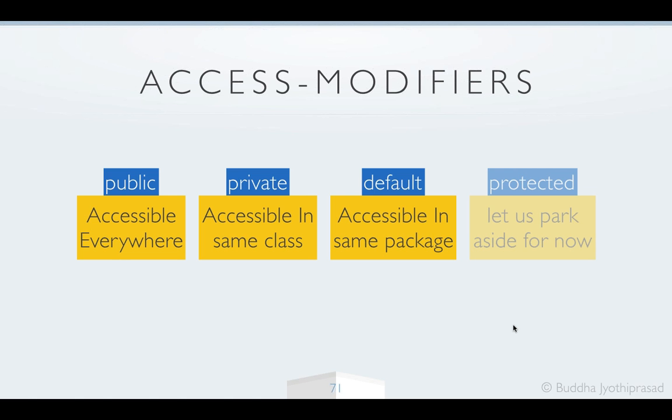There is another kind of modifier that is default, where you don't give any specific access modifier. When you say default, that variable, method or class will be accessible within the same package. And then protected, let's park it aside now. We will look at the protected keyword shortly, because you will have to understand a concept called inheritance to be able to understand the protected keyword.